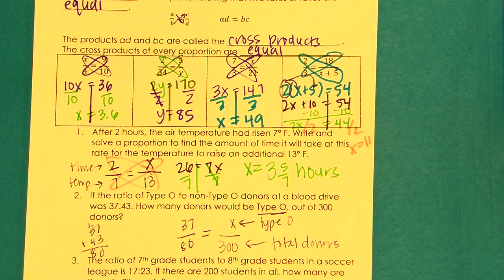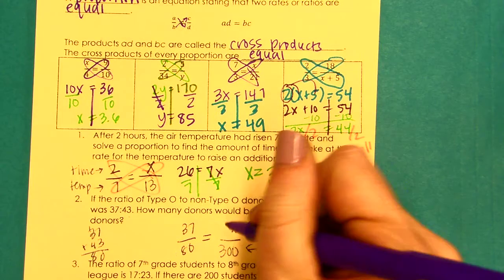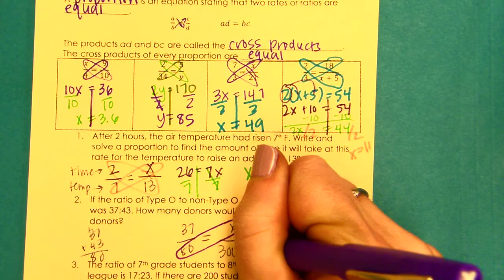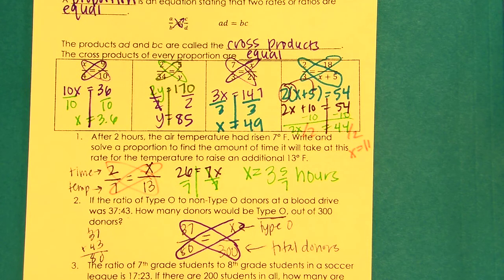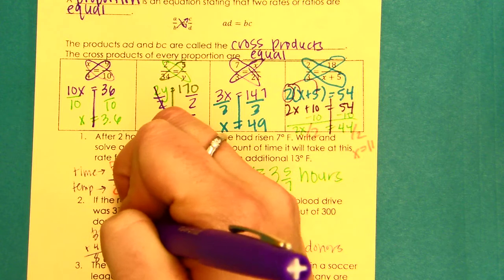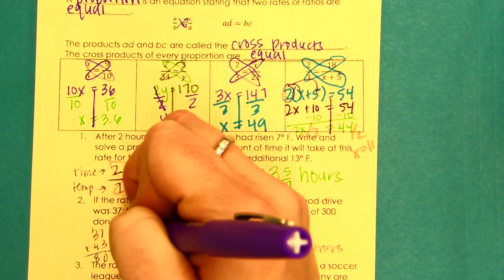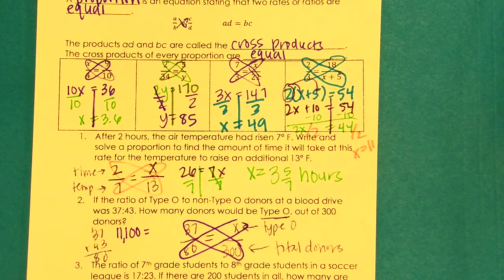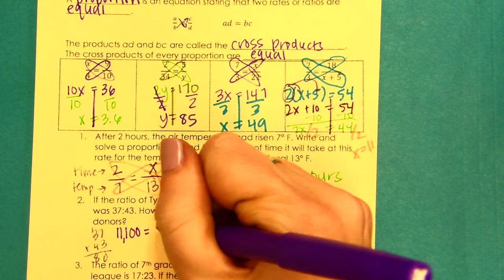And then I'll find the cross product. So I have 37 times 300, which is 11,100, and 80 times x is 80x.